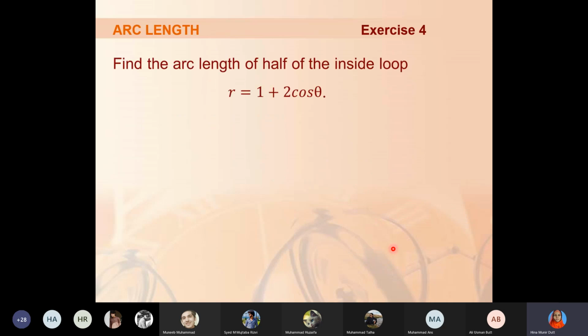Find the arc length of half of the loop inside r is equal to 1 plus 2 cos theta. Now this is a limaçon with an inner loop. So let's draw it, and for this we can draw it in two ways: by plotting the points, taking different values of theta and calculating the corresponding values of r, and then plotting the points r theta.